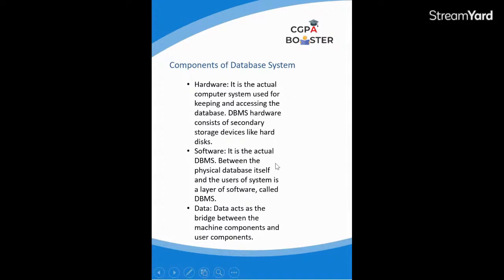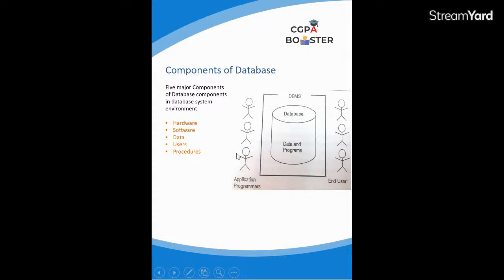That is the actual DBMS, between the physical database itself and the users of the system, in the layer of the software called the DBMS. As mentioned over here, what actually connects the application programmers, the data and the end user is the software.